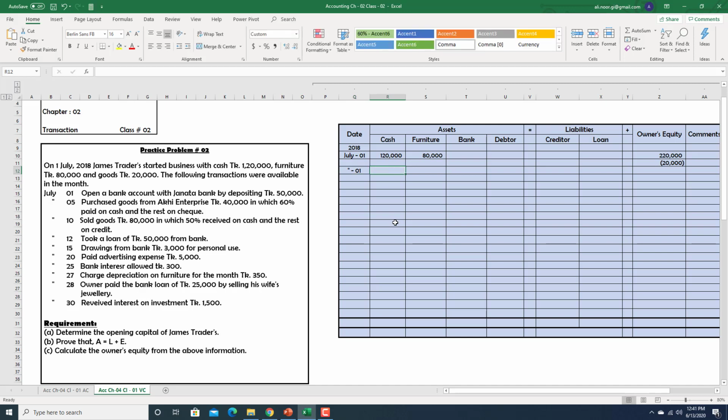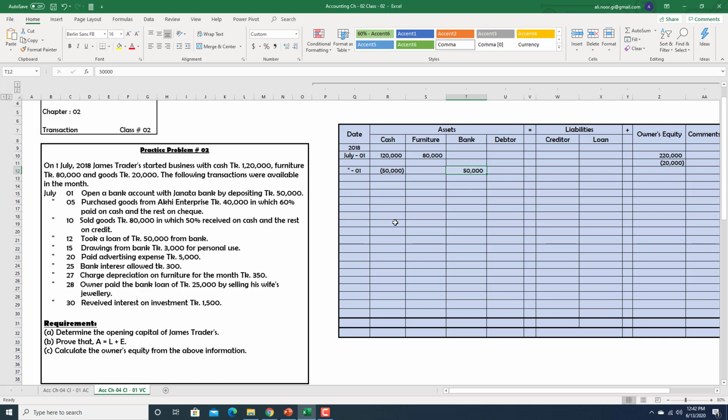You have to put 50,000 under bank account, and you also have to subtract 50,000 from cash, since we deposited cash into bank. So cash must be subtracted, and bank account must be added by 50,000.